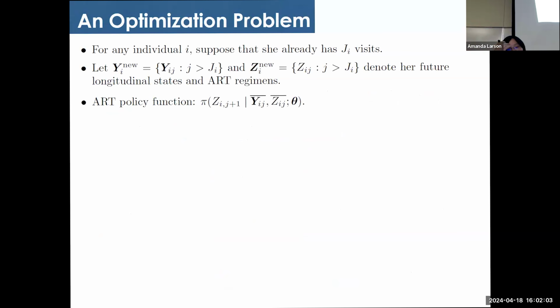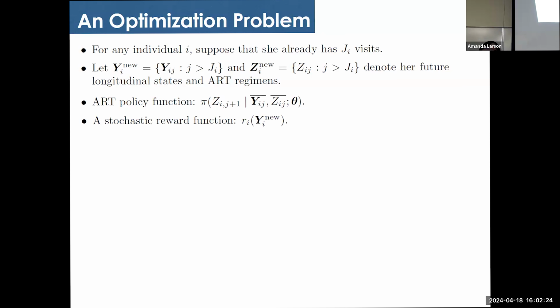We assume we can assign treatment following a policy function pi, for Z_i,j+1, which is the treatment assignment at the next step given the whole state history and treatment history. This policy function is parameterized by some parameter theta.